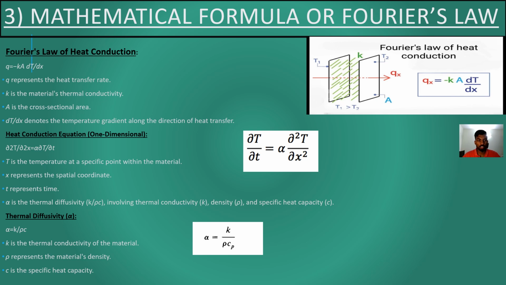The next is the heat conduction equation in one dimension, where ∂T/∂t equals α ∂²T/∂x², where T is temperature at a specific point within the material, x represents the spatial coordinate, t represents time, and α is the thermal diffusivity involving thermal conductivity, density and specific heat capacity. The thermal diffusivity α equals k/ρc, where k is thermal conductivity of the material, ρ represents the material's density, and c is the specific heat capacity.